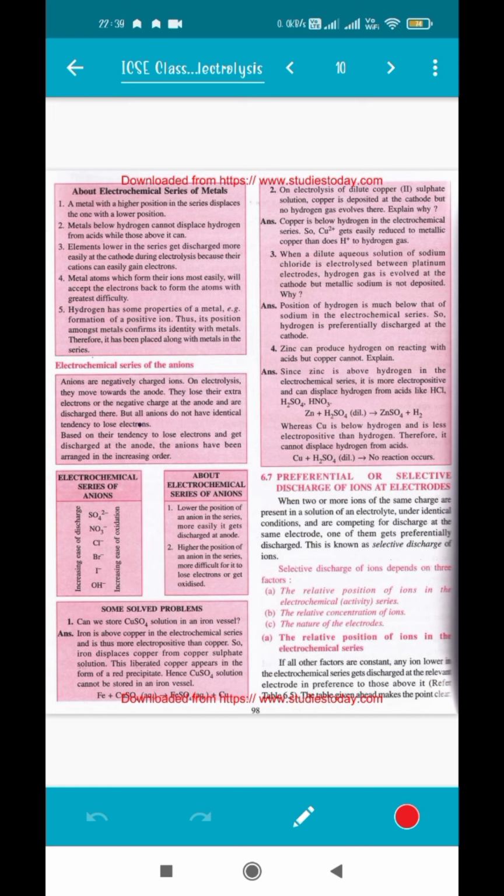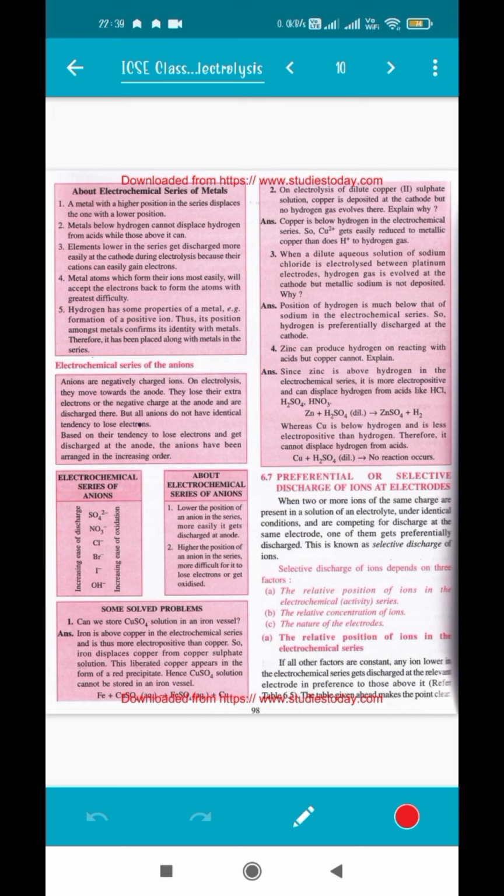So before that, let us also see the electrochemical series of anions. Same thing again, the ease with which non-metals can form ions, that means anions, or you can say how reactive they are. So we have first of all sulfate, then nitrate, chloride, bromide, iodide and hydroxide.